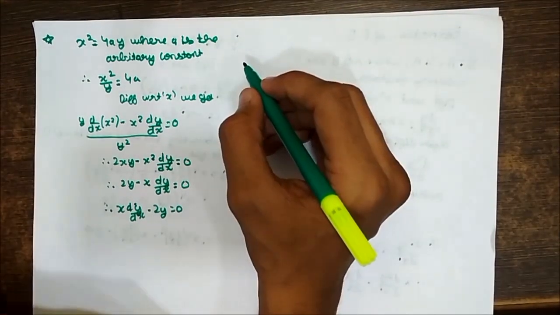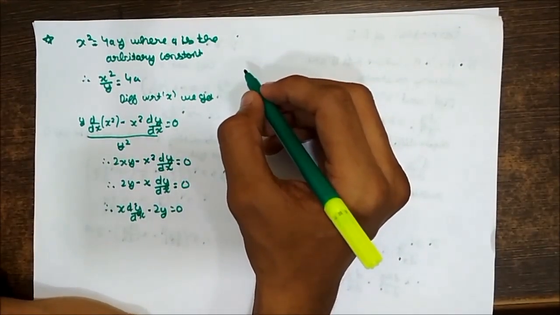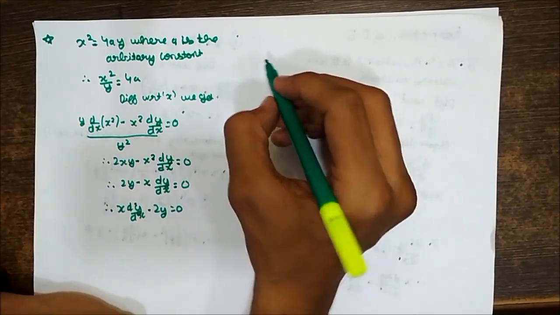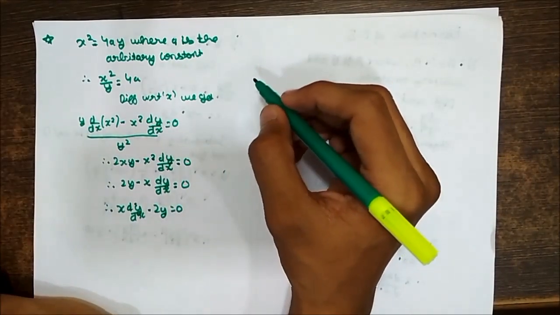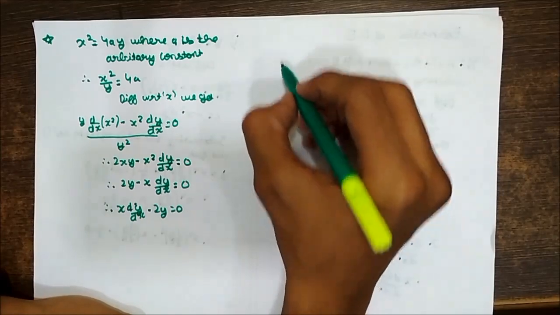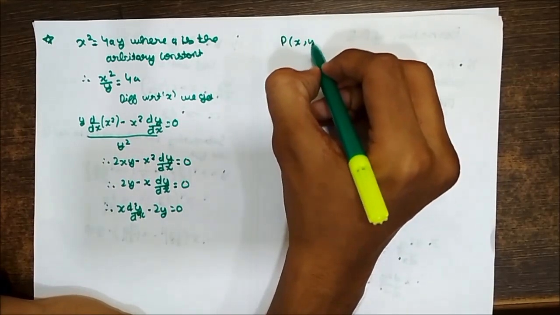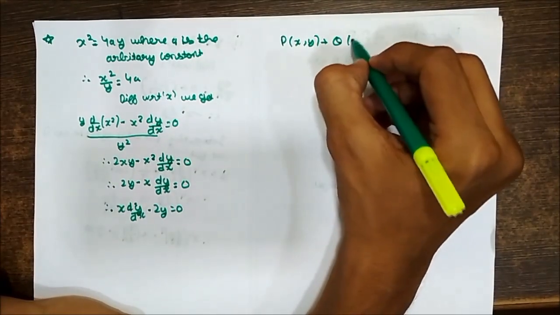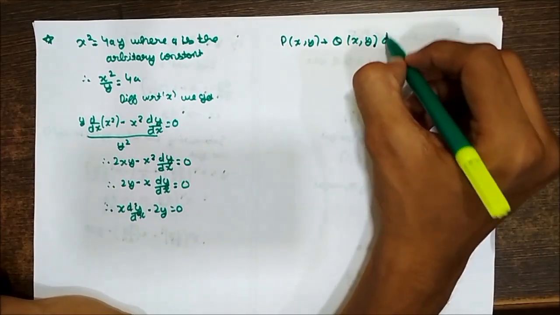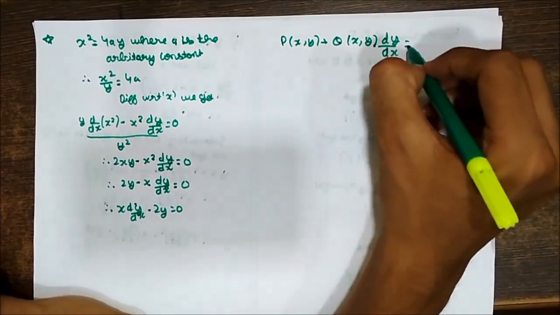Now let me introduce to you the variable separable method. The general differential equation of the first order and the first degree is P of x comma y plus Q of x comma y dy by dx is equal to 0.